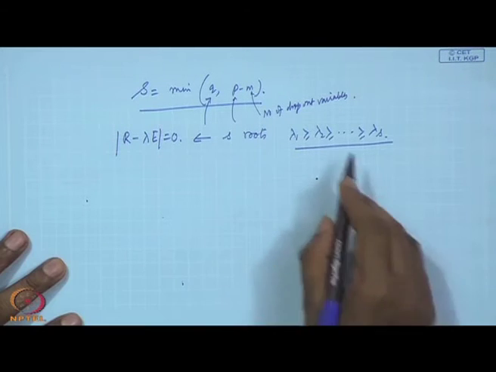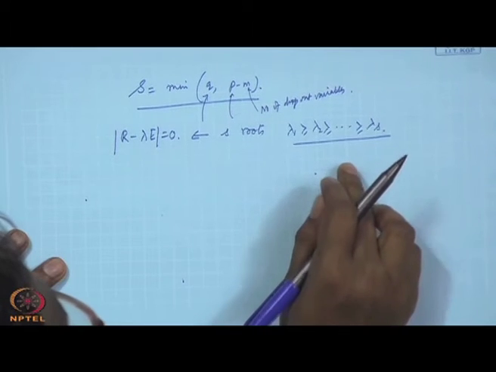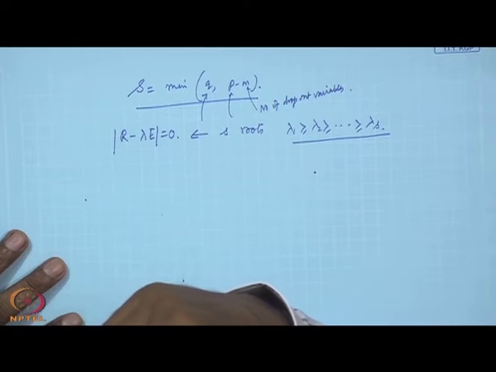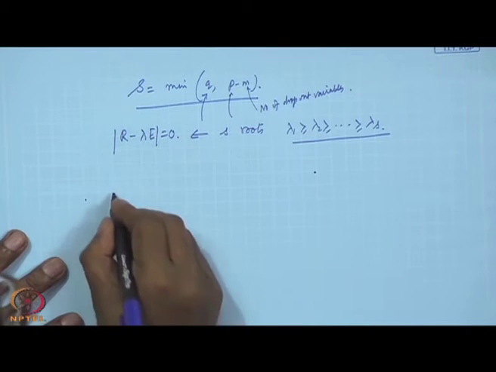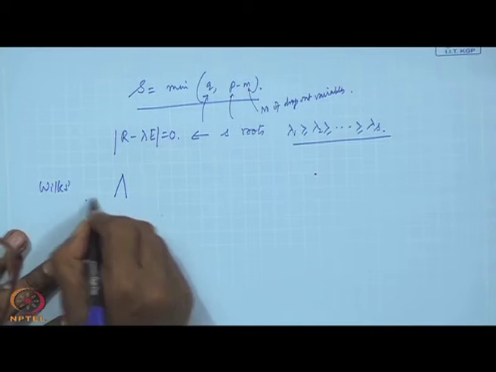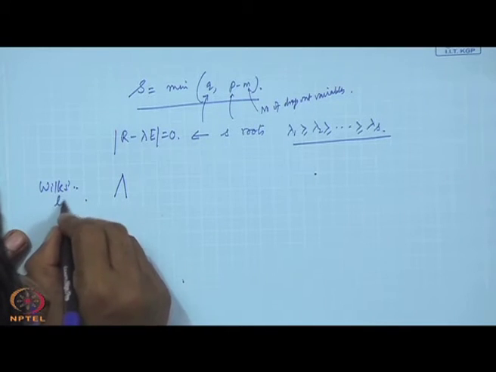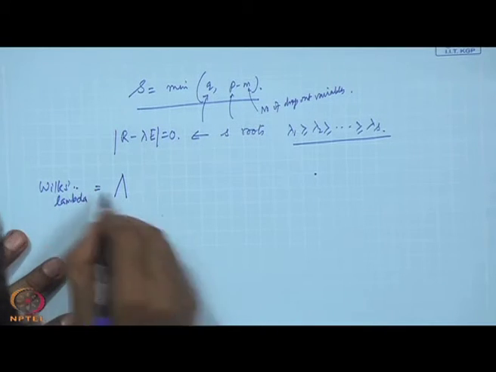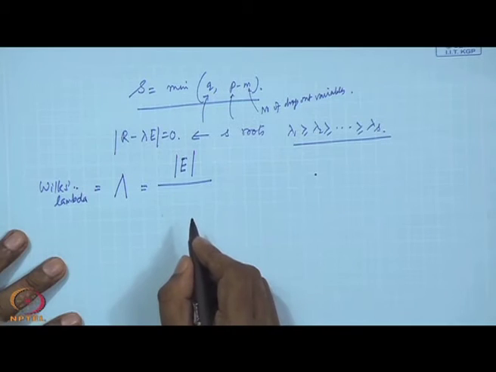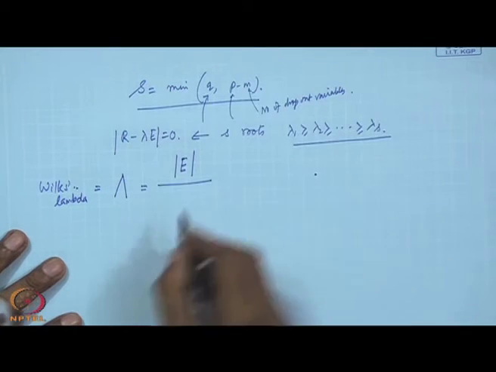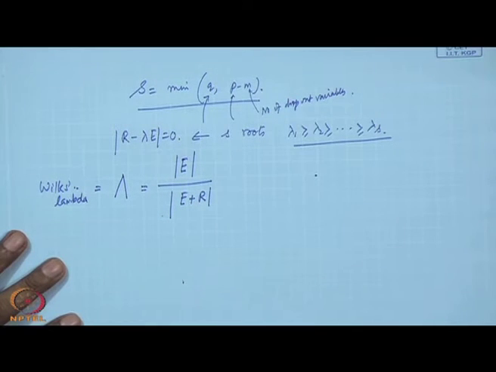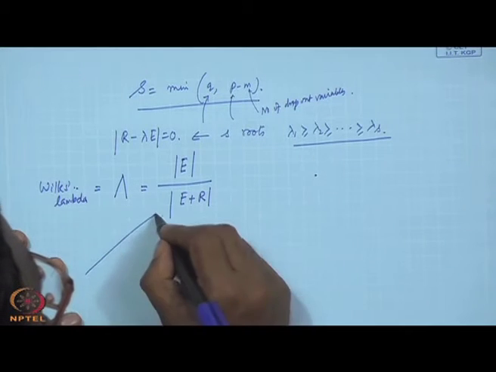Okay. So using this property, several statistics were developed. For example, you will find that Wilks lambda will become like this. This is nothing but the determinant of E, I think you can understand E now by the way we have defined it, divided by E plus R. Are you getting some clue with MANOVA?